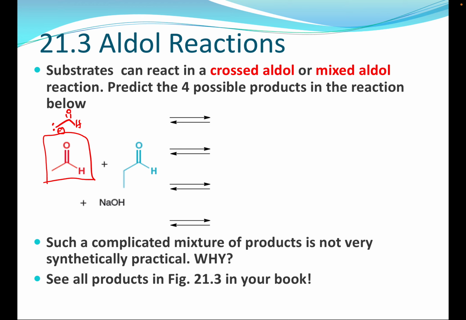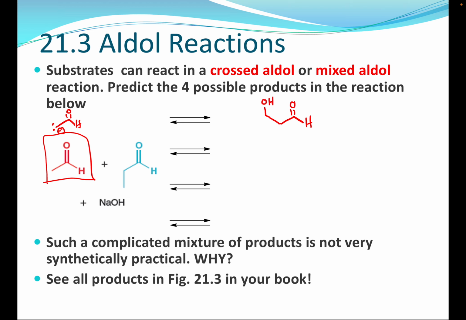So if we were to get this molecule to react with itself, the final product should look like this. So we can remember the enolate will keep its carbonyl structure, and then this bond that I just drew is the new bond that is forming.